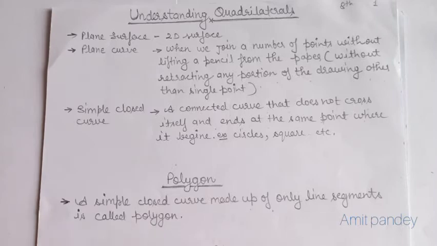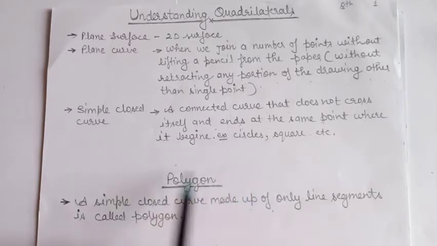Any shape joined with line segments is a polygon. Examples are the triangle and quadrilaterals. These are all 2D shapes, since in 2D we have only length and breadth.